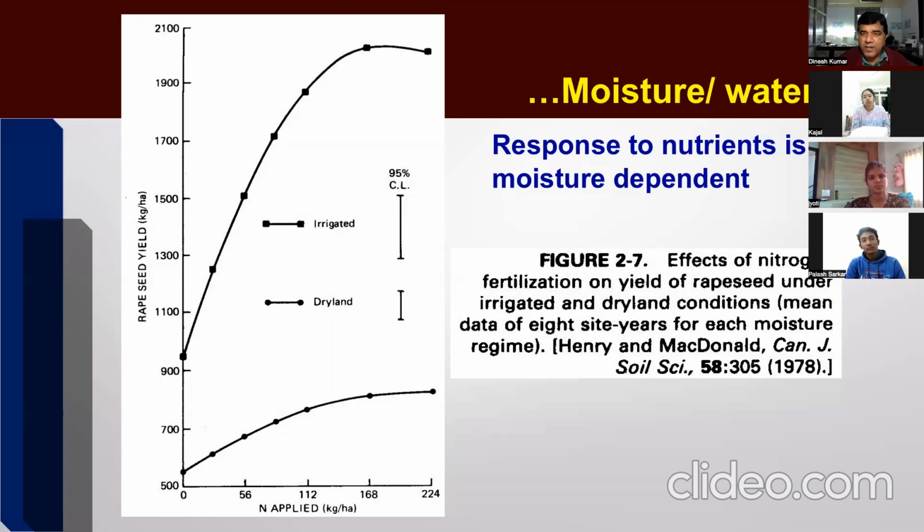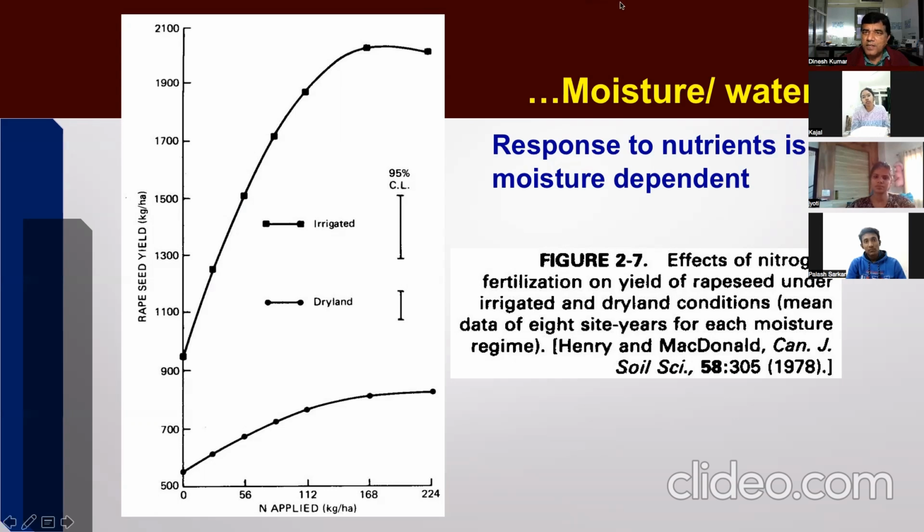If you are short of water, you cannot use heavy doses of fertilizer. If water supply is low, the response by the crop is also to a low level of nutrients. If you can afford more water, you can apply more nutrients. That is the positive interaction between water supply and nutrients.